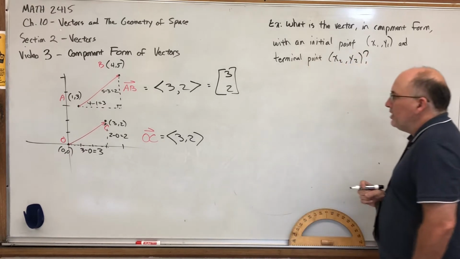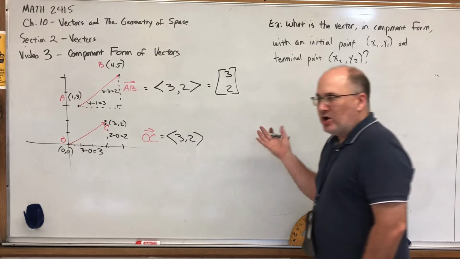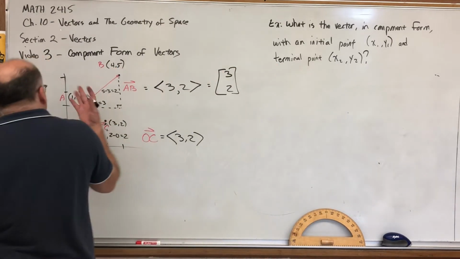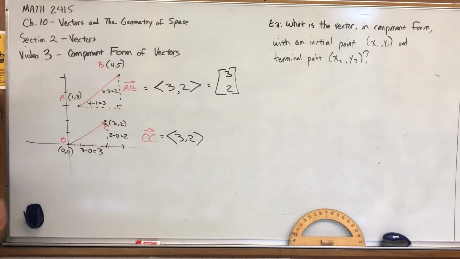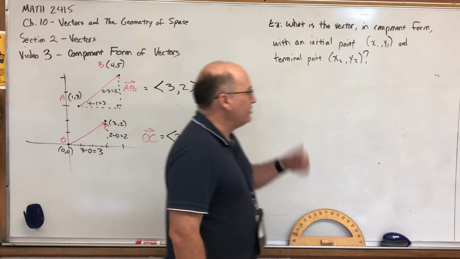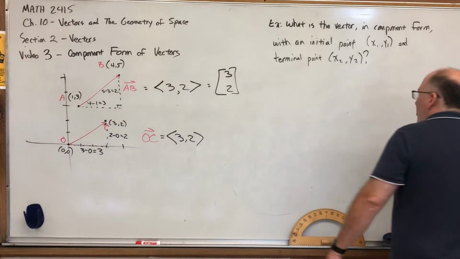So this is asking this question generically. Specifically, we said 1 comma 3, 4 comma 5, or 0 comma 0, 3 comma 2. Generically, x1 comma y1, x2 comma y2.